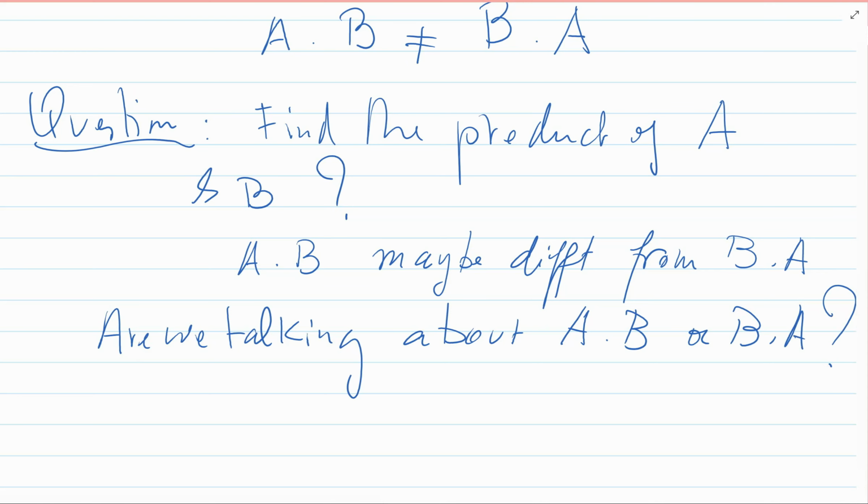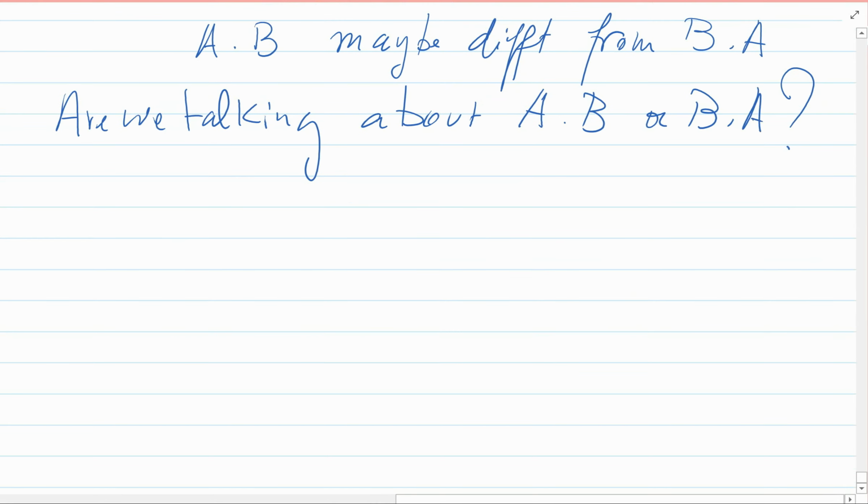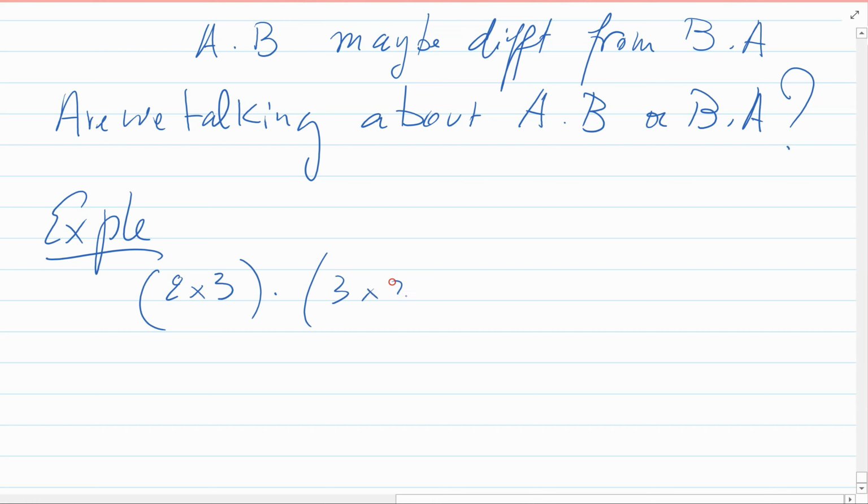My point is that it's not something, and be careful when I insisted on the fact that you may be able to do it, you may not be able to do it. If both of them are square with the same size, then you have no problem. You can perform AB and BA. But for example, just to give an idea, look at a 2 by 3 matrix times a 3 by 2 matrix.